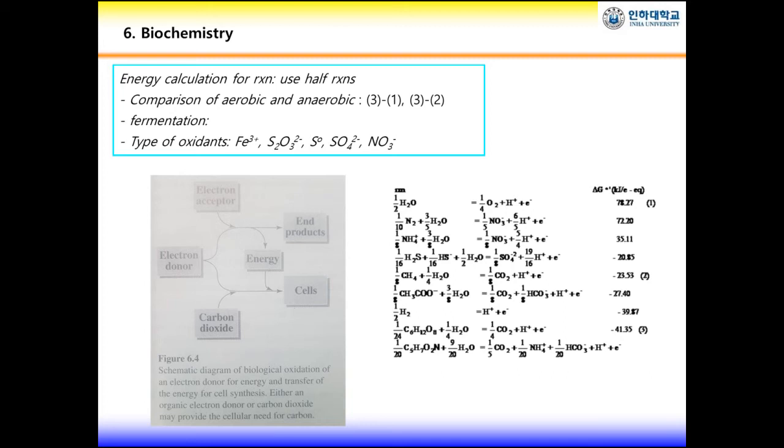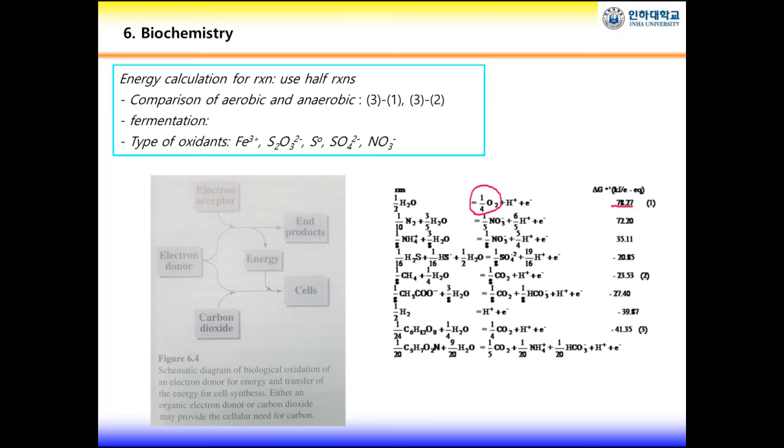Also, we listed the half reactions in the order of the Gibbs free energy, and we learned that the ones at the top part are oxidants, and they appear at the top because they have a high, strong oxidizing power, as the Gibbs free energy is pretty positive.